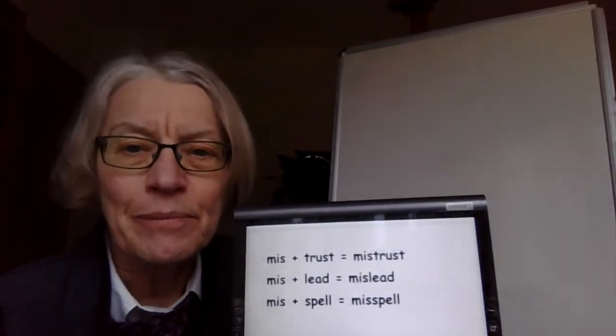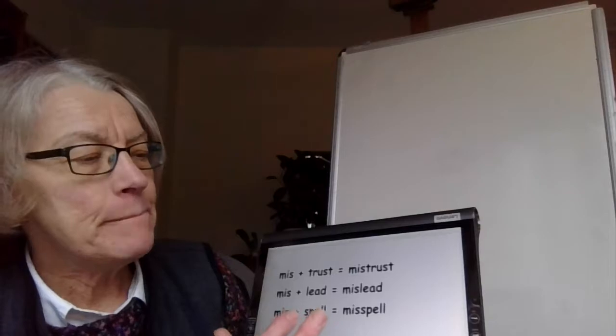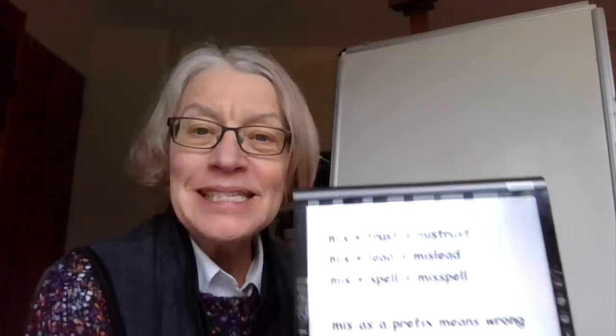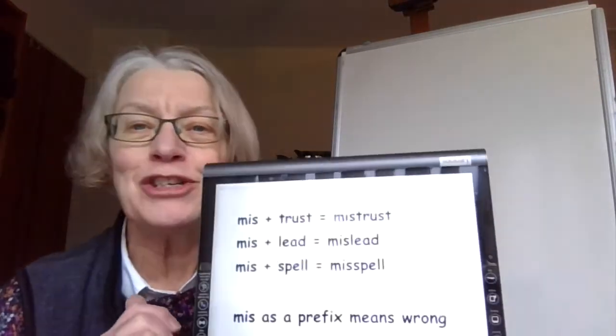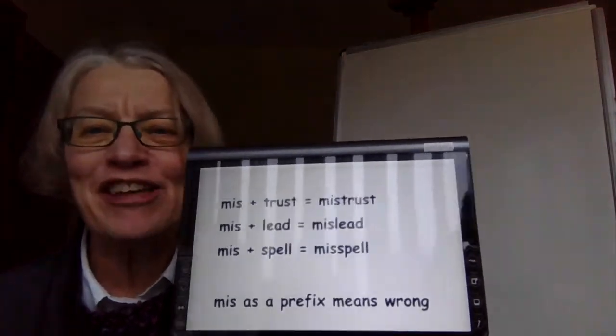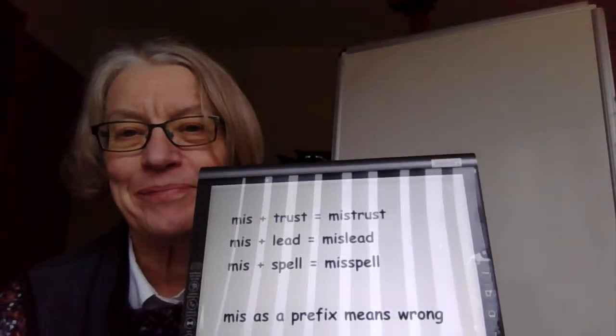You mislead them. You give them the wrong information. Misspell, and that's what I hope you don't do, means that you spell things wrong. So that's what we're trying not to do in our ESOL lessons. We're trying to get you to spell things correctly and not to misspell.